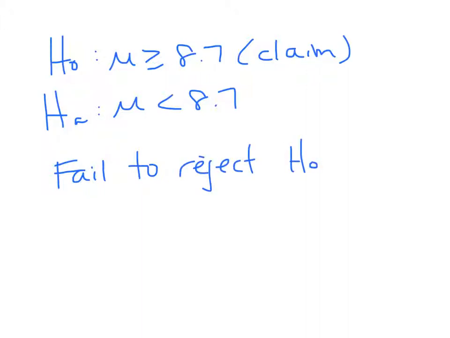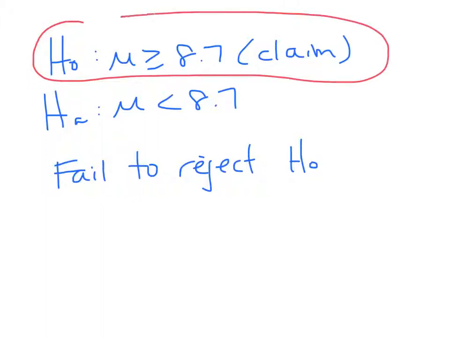What I usually do here is circle the one I'm saying is, quote-unquote, true. If I'm not rejecting H sub 0, I'm going with H sub 0. I have not found enough evidence to say otherwise, so I'm going with H sub 0 as the more true of the two.